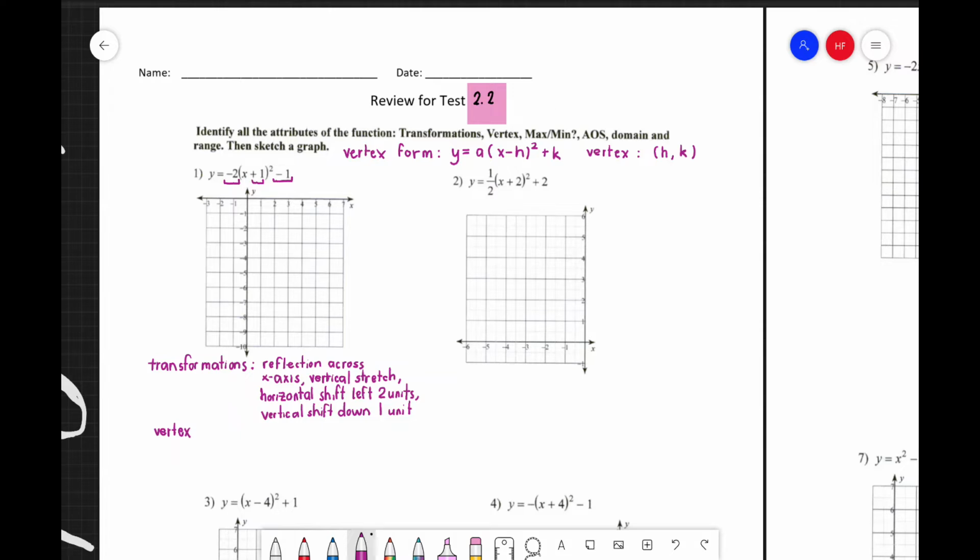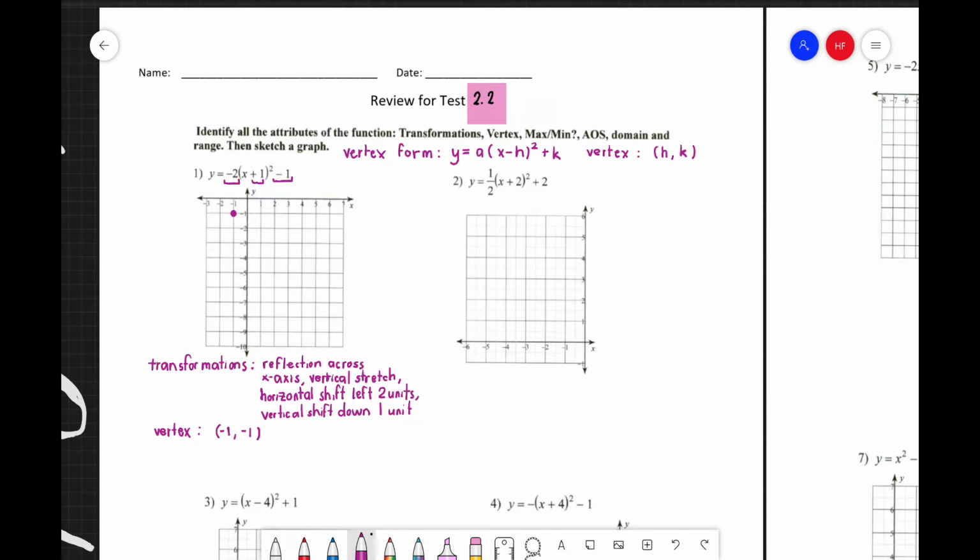So instead of saying that my vertex is a positive 1, it's going to be a negative 1. That's the only tricky part really with the vertex. Make sure you're taking the opposite of what's with x. So we have negative 1, and then for k, we take it as it is, so negative 1. So the vertex of my graph will be at (negative 1, negative 1).